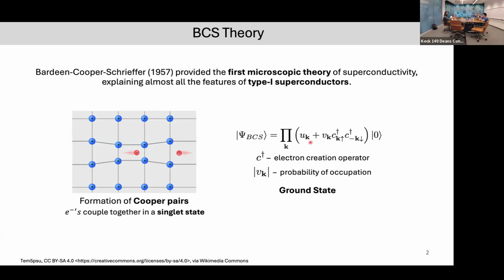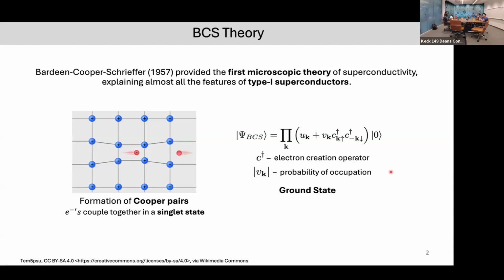And the ground state of the BCS superconductor can be expressed in this manner, where the c daggers are the electron creation operators. And so these two terms explain the creation of Cooper pairs, and the modulus of v_k provides a probability of occupation of that particular Cooper pair in its ground state.